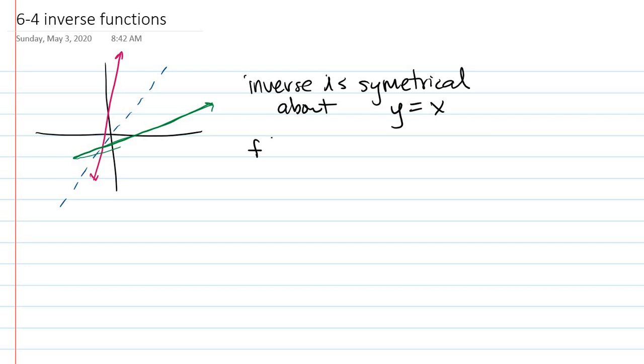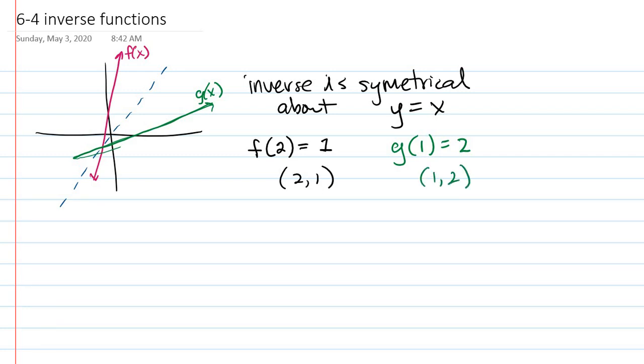coordinates. So if the pink function, which we'll call f of x, has f of 2 equals 1, and we'll call this one g of x, then the g function has g of 1 equals 2. So the coordinates here would be 2, 1, and the coordinates here would be 1, 2.